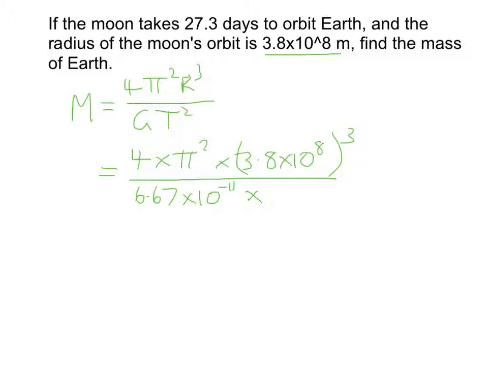What I'm going to have to do is actually do a calculation for t. It tells us that t is equal to 27.3 days. This needs to be in seconds.